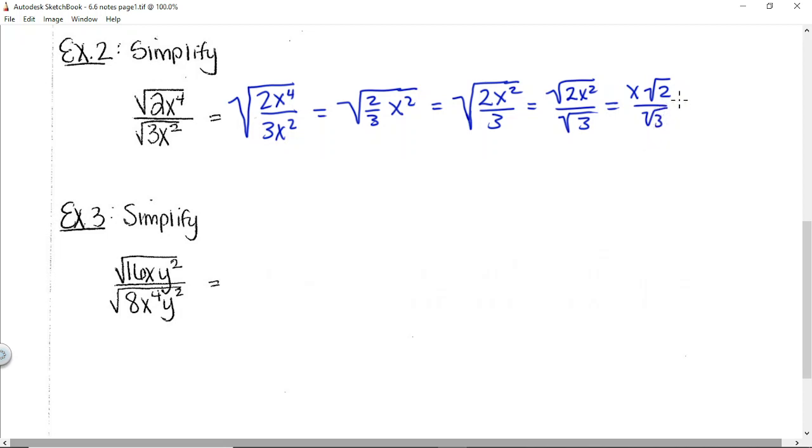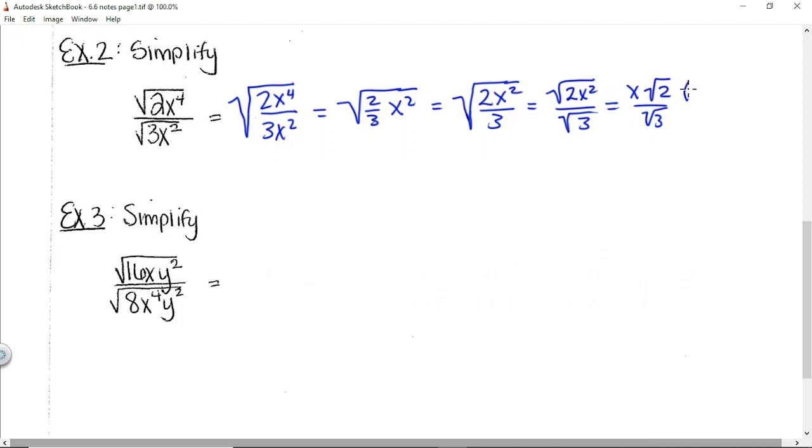And we want to get rid of that square root of 3 in the denominator, so we multiply the top and the bottom by the square root of 3. Actually, I'm not going to put the dot there because we have parentheses to separate them and make it clear.